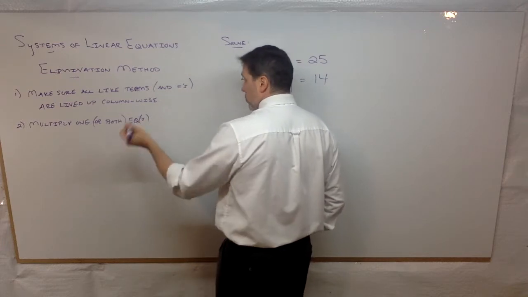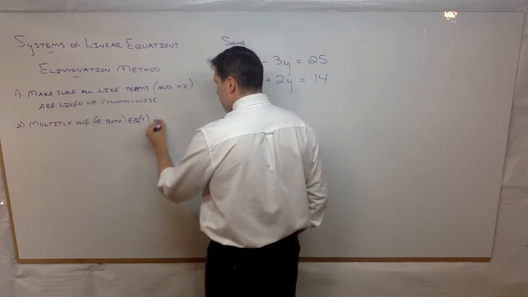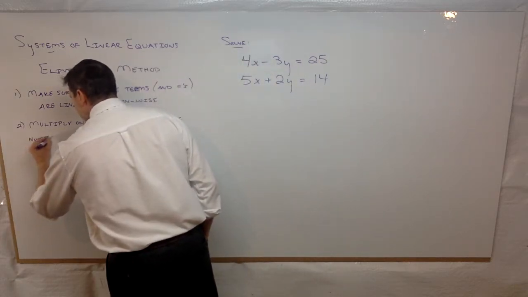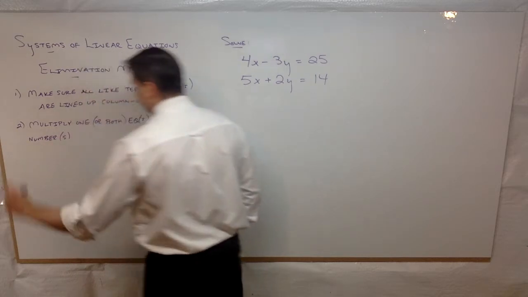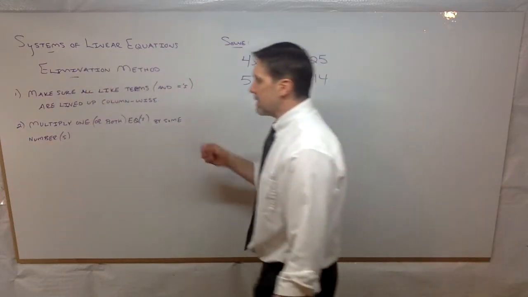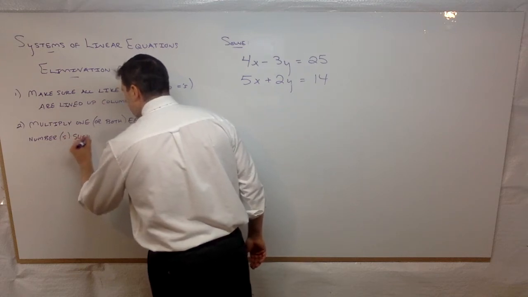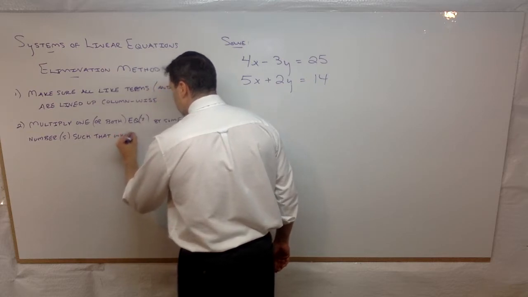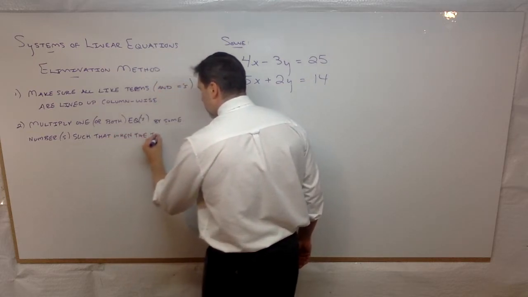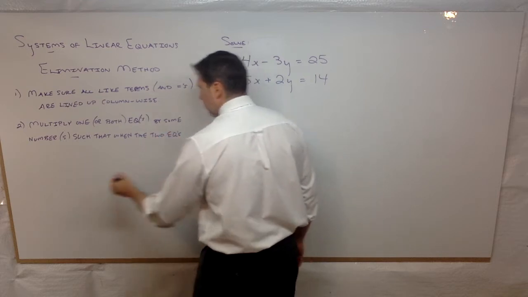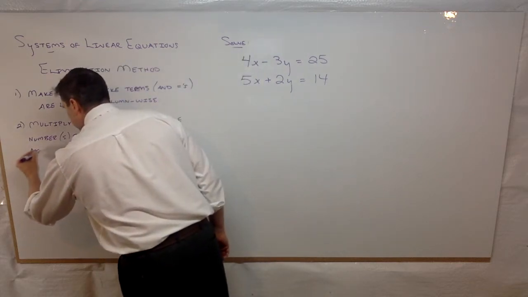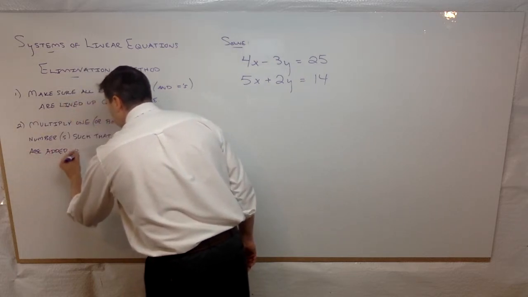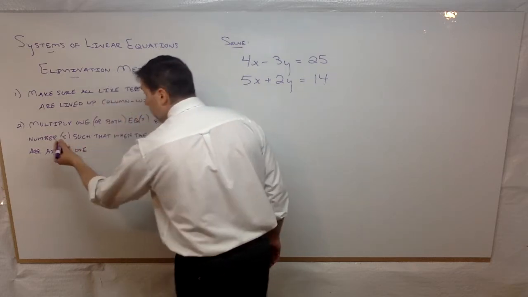Multiply one or both equations by some number or numbers, if you're multiplying both equations, such that when the two equations are added, one variable eliminates, hence the name, elimination method.